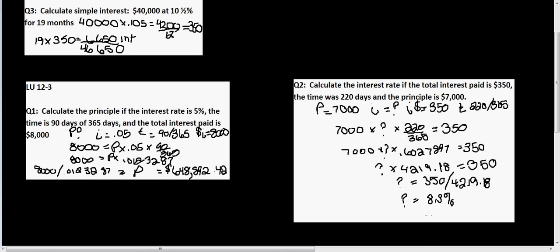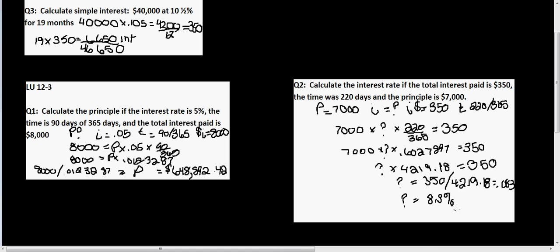How did I get that? We took that 350 and we divided by 4,219.18, which left me really with 0.083.